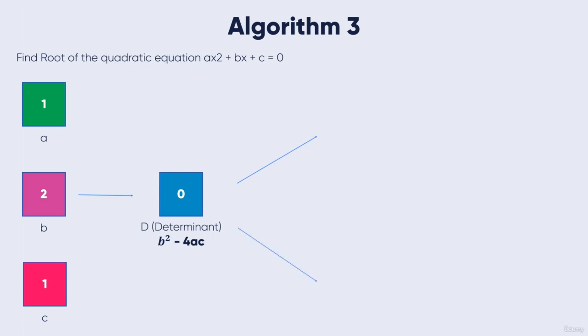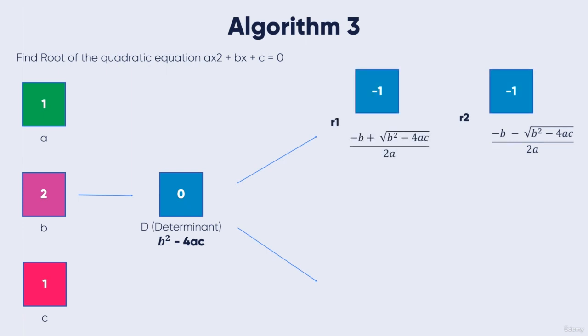This result, the determinant, will determine the roots of our quadratic equation, either they are real or they are imaginary. So, if d is greater than or equal to 0, there are two real roots. Or if d is less than 0, we will see complex roots. So, if d is greater than or equal to 0, then create two other variables, r1 and r2.